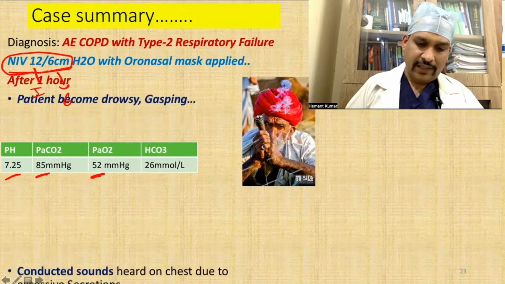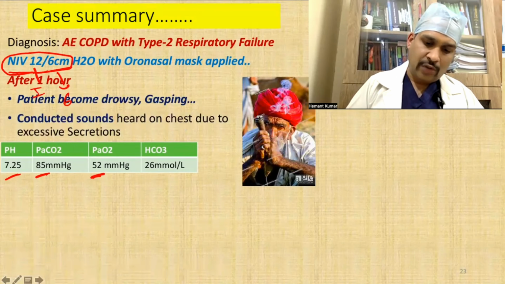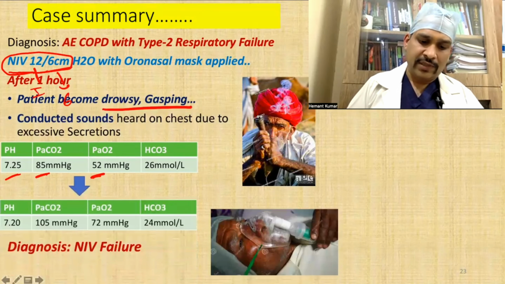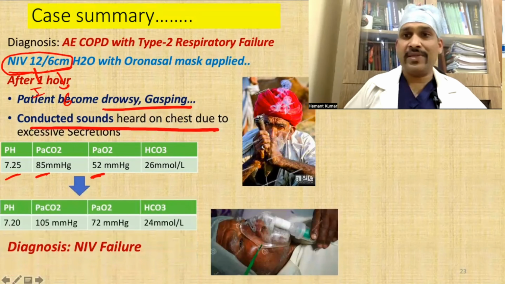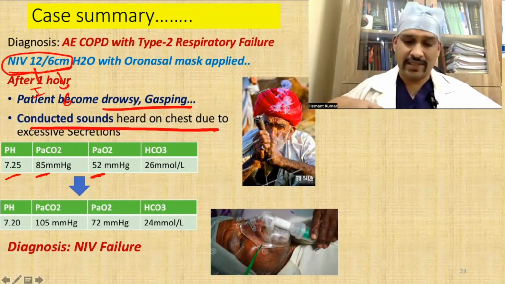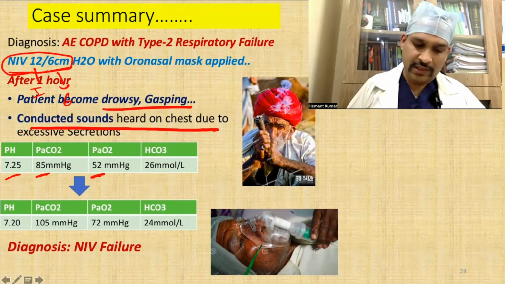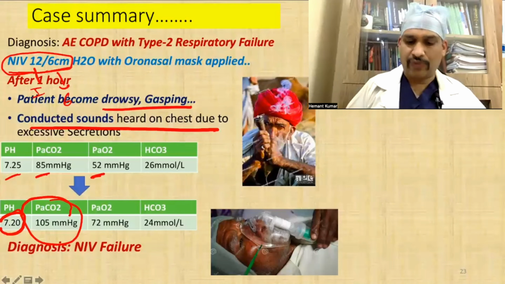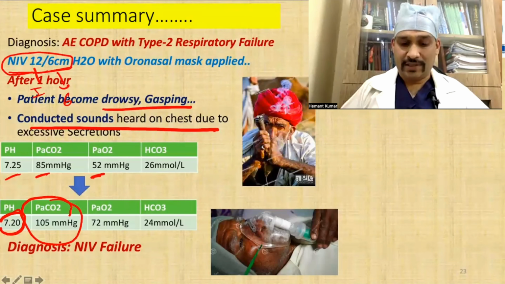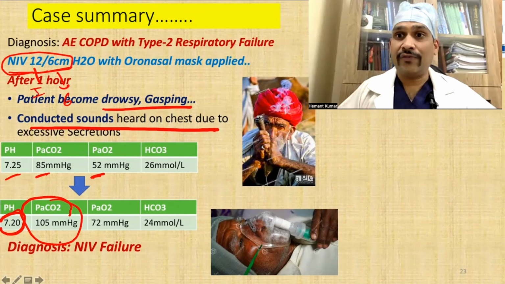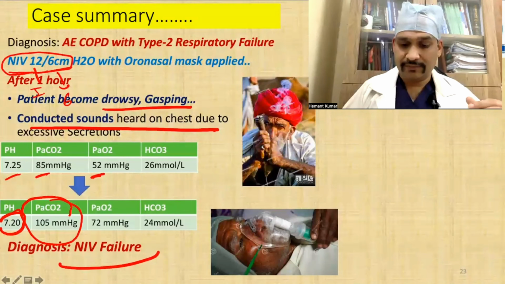But after 1 hour, the patient became drowsy, gasping, and there were a lot of conductive sounds, meaning there is a lot of secretion inside the airway. And you can see the ABG has worsened. The pH became more acidotic with an increase of carbon dioxide. What does it mean? It is a sign of NIV failure.